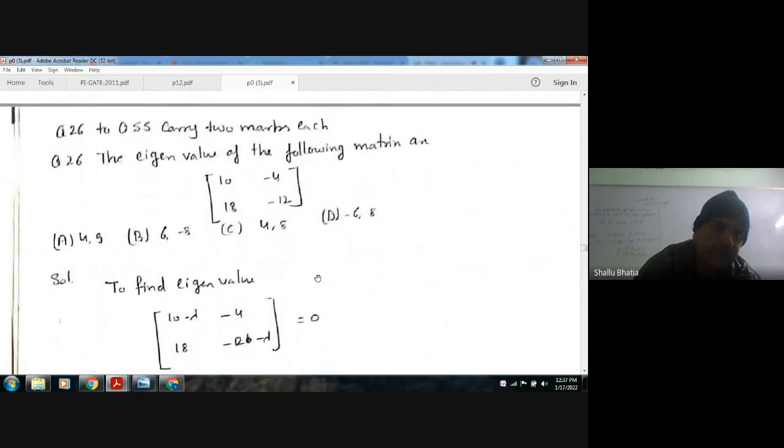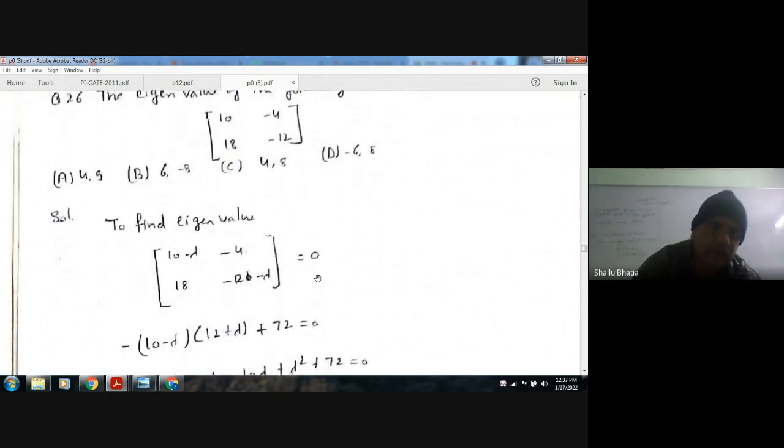Next, a 2 marks question. The eigenvalues of the matrix with rows 10, minus 4 and 18, minus 12 are: option A 4, 9, option B 6, minus 8, option C 4, 8, and option D minus 6, 8. The eigenvalue is determined by subtracting lambda from the diagonal elements and then solving.